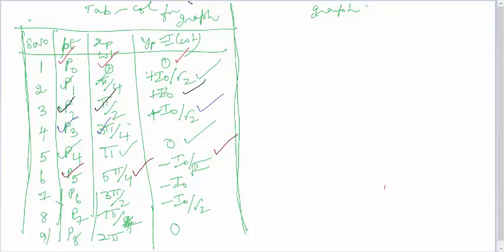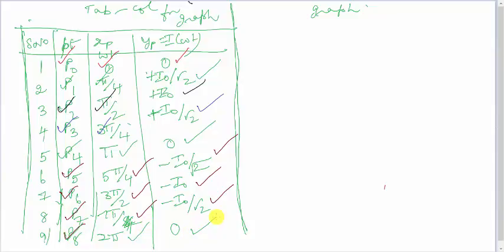The next point will be P6, 3 pi by 2 and minus I naught. The next point will be P7, 7 pi by 4, and this one. The last point, I'll mark it in green again. This will be my thing. So these are the 8 points.